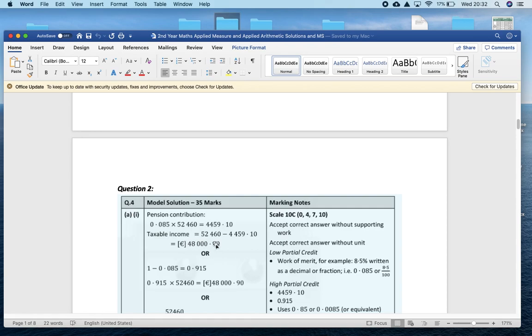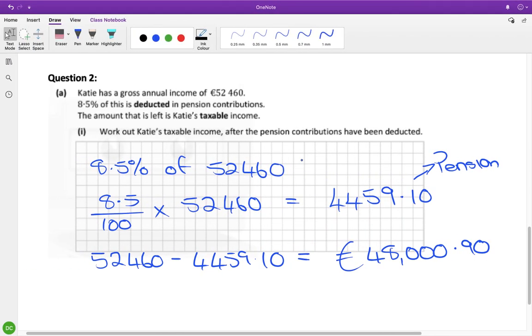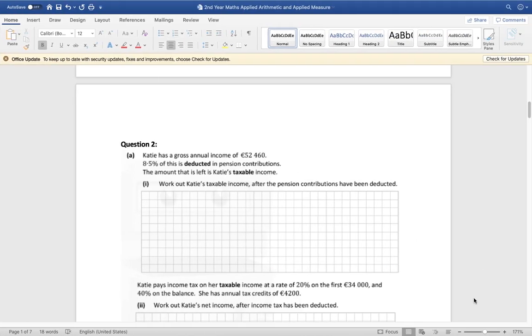Okay, so €48,000 and 90 cents. There's 3 ways of doing it. So they go through all 3 ways. I did the first way. And for that I get 10 marks. And again, you can see there's partials available. Okay. Right, next.